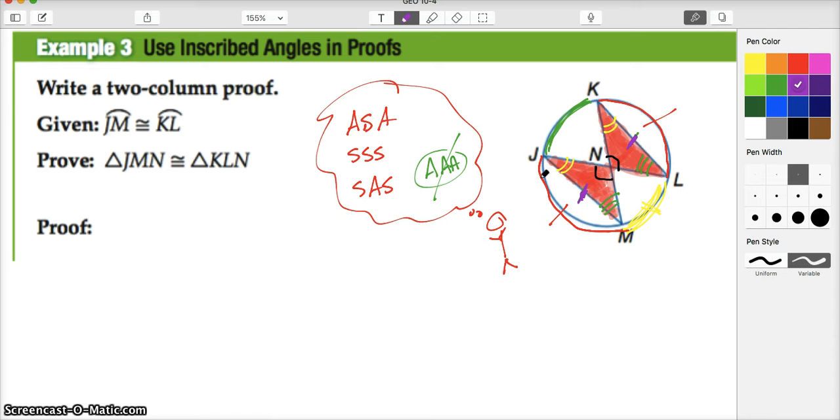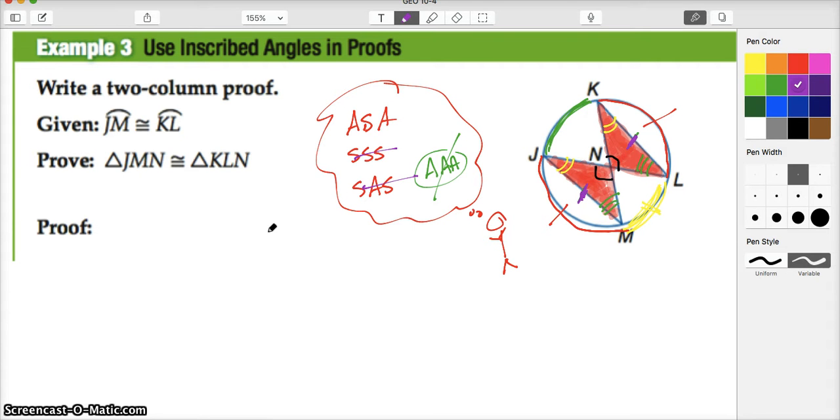I know I'm saying a lot of words, but the fact that these two arcs are congruent and these are the chords associated with those congruent arcs means that those chords are equal. So now we're going to prove this thing true by angle, side, angle. Are you guys impressed? I'm kind of impressed. Angle, side, angle. All right.